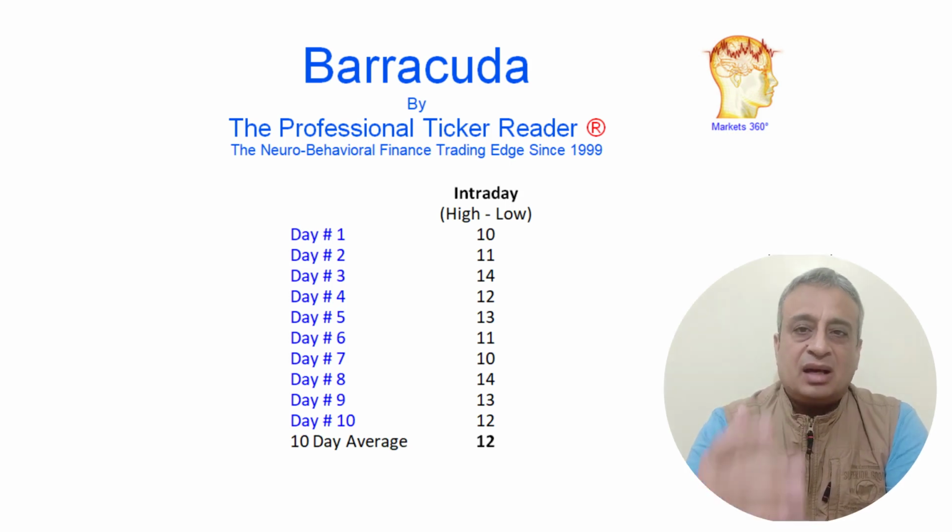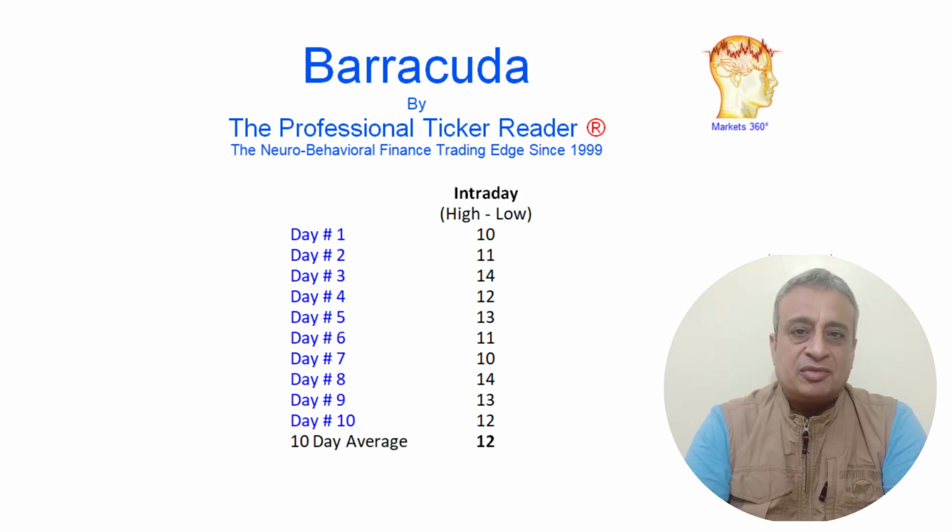I have taken a 10-day average, which should be fairly good enough for any kind of a trader trading on a day-to-day basis. If you're a swing trader who takes an exposure overnight, maybe for 1, 2, or 3 trading sessions, maybe you would want to take a higher time frame. For example, 15 trading sessions or maybe 20 trading sessions. I'll come to the logic later.